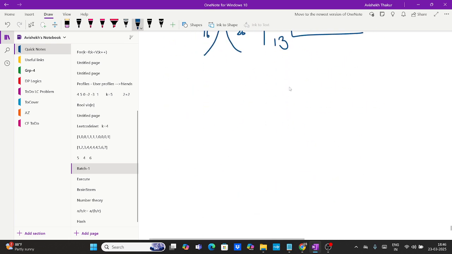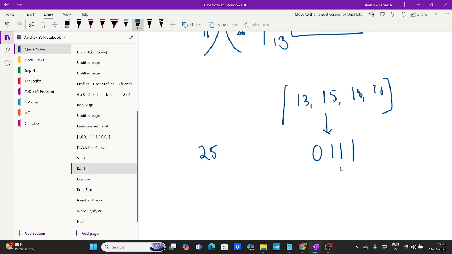Let me take one more example. Let's say the target array is 13, 15, 18, 20, the mask is 0 1 1 1, and the number is 25.